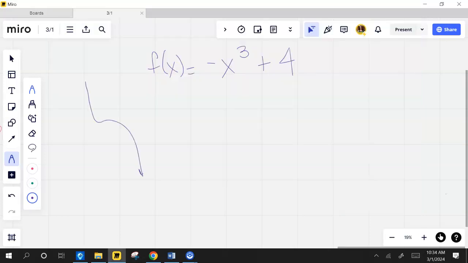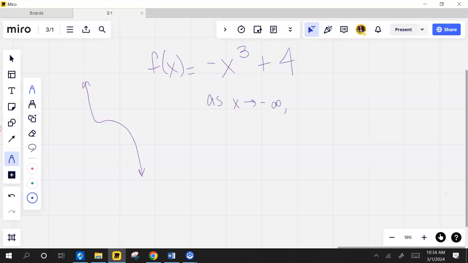So it looks something like this. As x approaches, tell me. All right, let's do negative infinity first then. As x approaches negative infinity, say it. Give it to me in math terms.